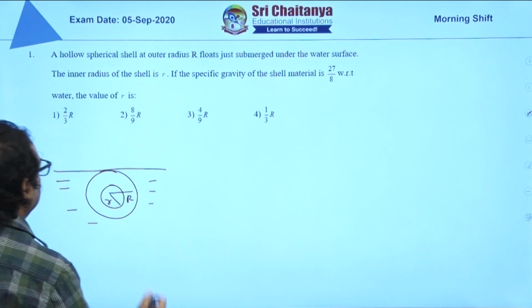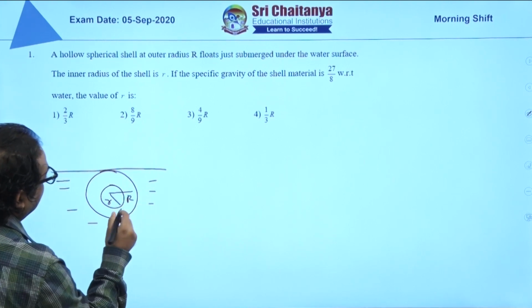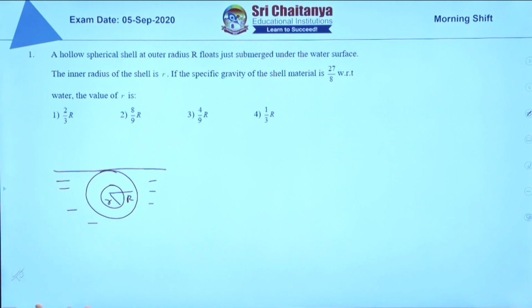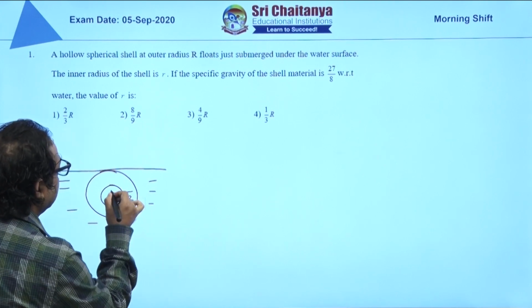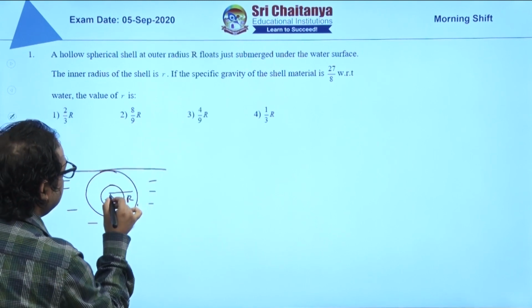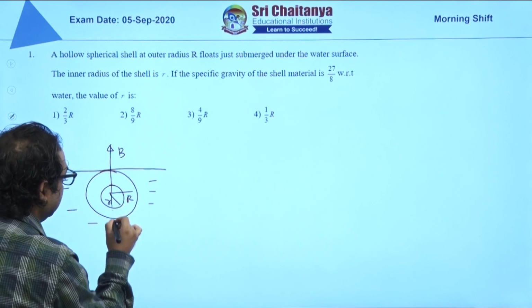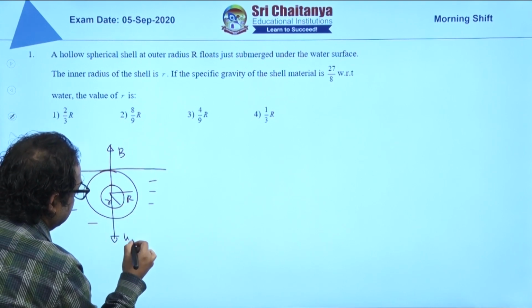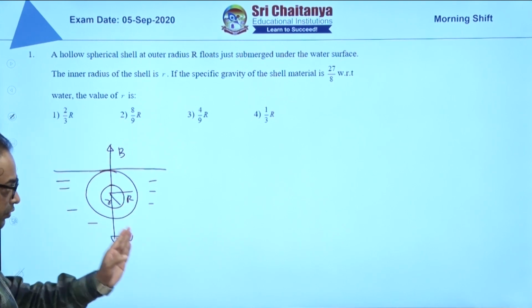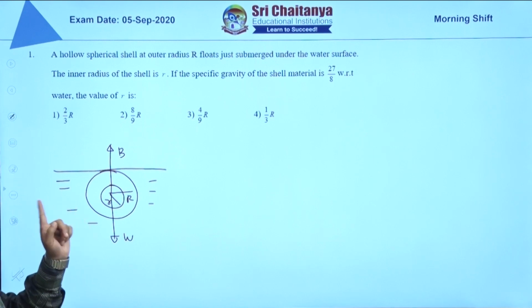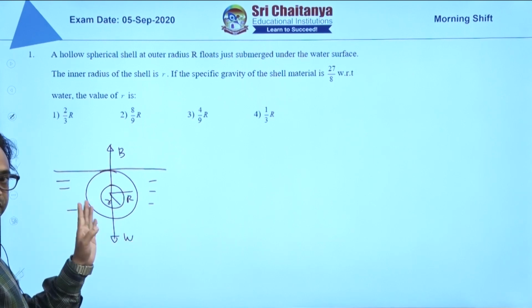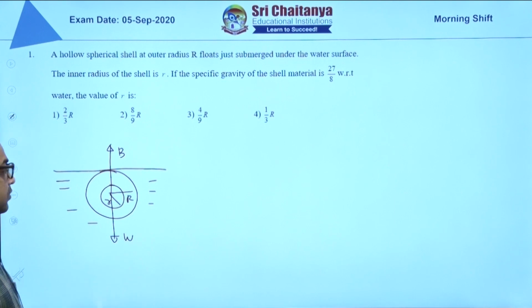Basically, as it is in equilibrium, there has to be an upward force, that is your buoyancy, and there is a downward force, that is your weight. So, just writing Newton's law, upward force is equal to downward force. So, we can get the answer.